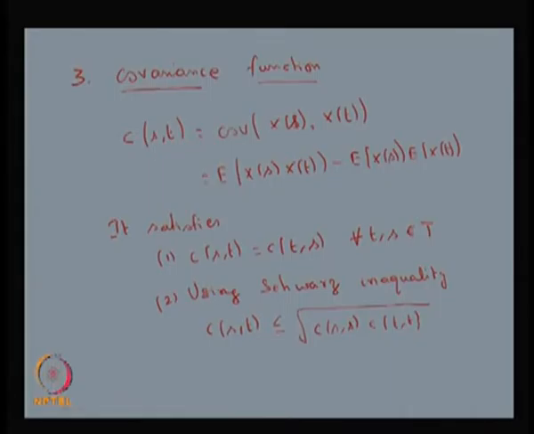Therefore, C of s comma s is nothing but the variance of X of s, and this is the variance of X of t, and therefore this is the square root of the product of the variances. So this is going to be a finite quantity. Therefore, C of s comma t has the upper bound, the square root of the product of the variance of X of s and X of t.